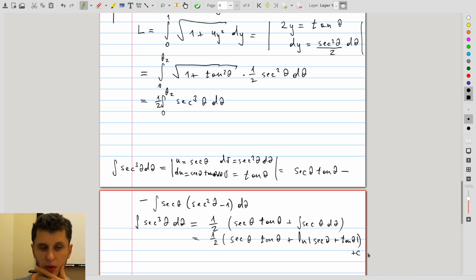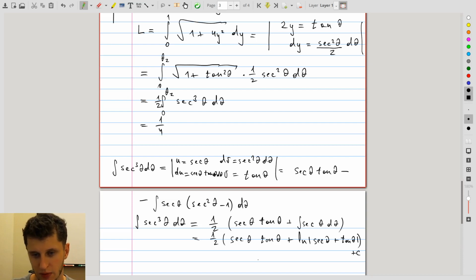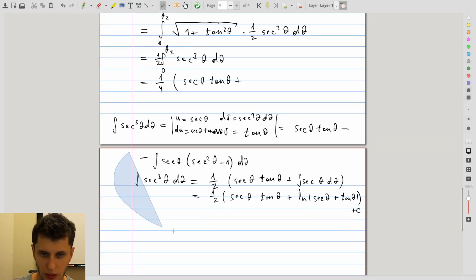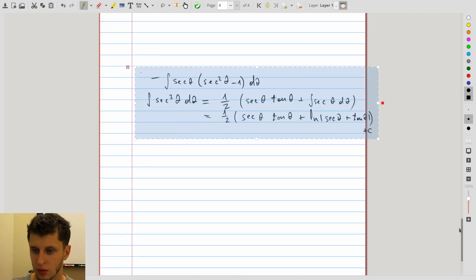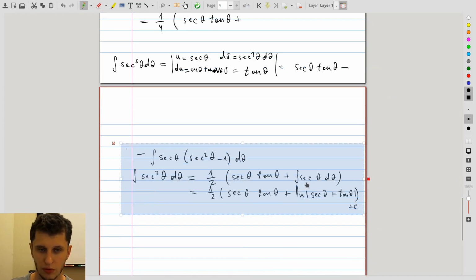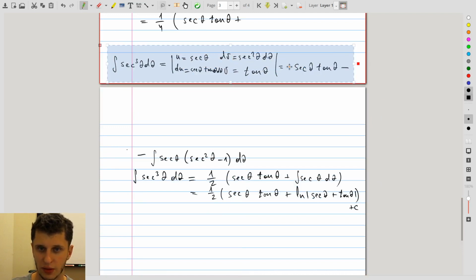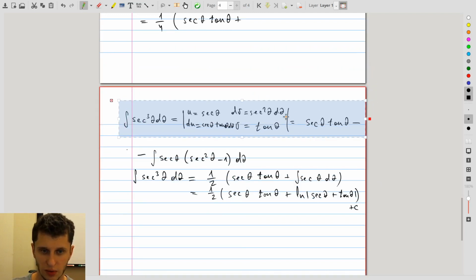Great. Now going back to my integral, I see that I have 1/4, and then I have to plug in my expression here, secant theta tangent theta plus. Just want to move this part here to be able to complete the problem on the previous page.